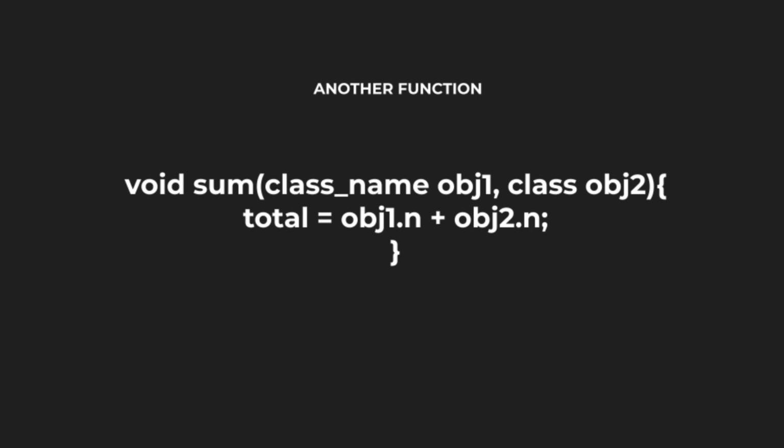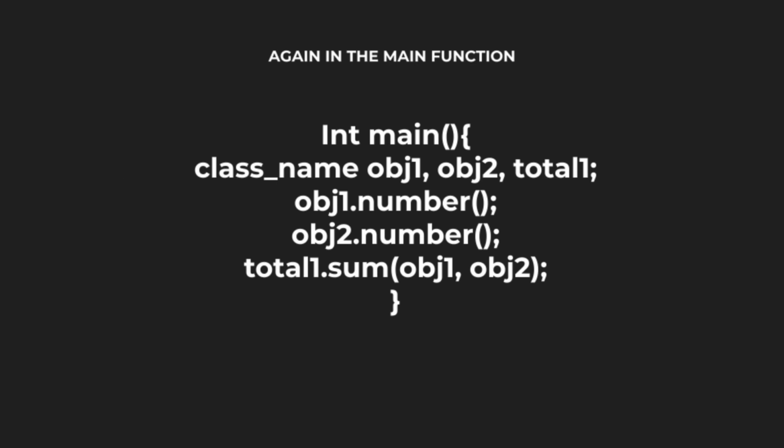Inside the sum function, we type total equals object1.n plus object2.n. So what we are doing here is accessing these integer variables using the objects, and then assigning another integer variable total to their sum. And again in the main function, we make another object named total1 and use it to call this sum function. We can understand this better if we type it out and run it to check the output.